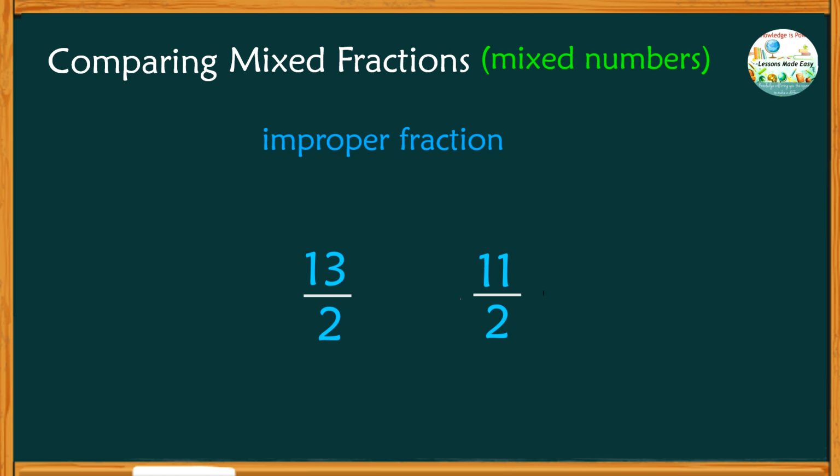Then, do the cross multiplication. 13 times 2 would give us a product of 26, while 11 times 2 would be equal to 22. 26 is clearly bigger than 22. Therefore, 13 over 2 is greater than 11 over 2.